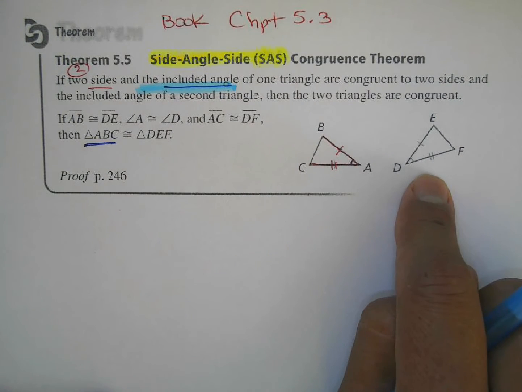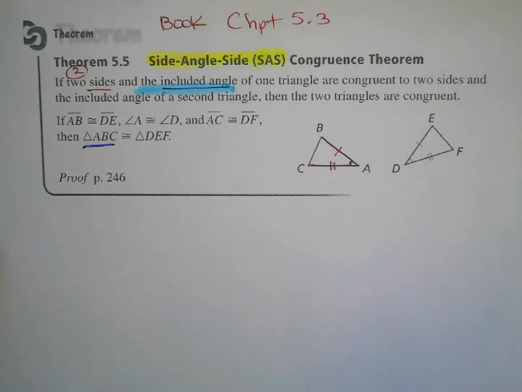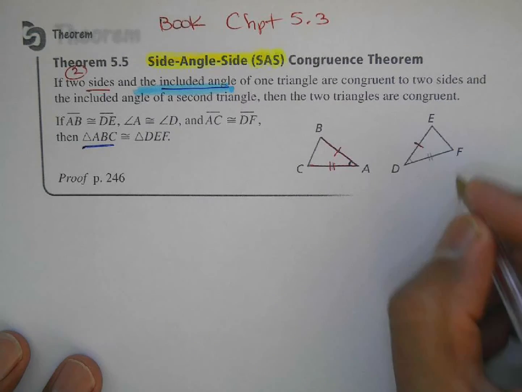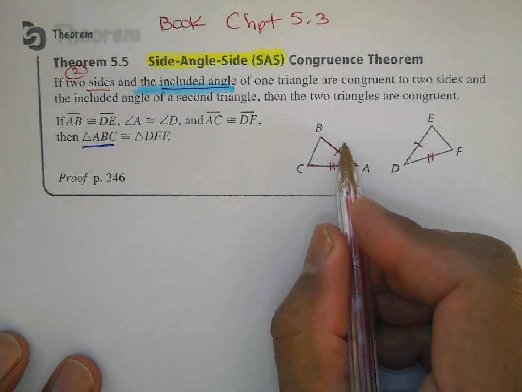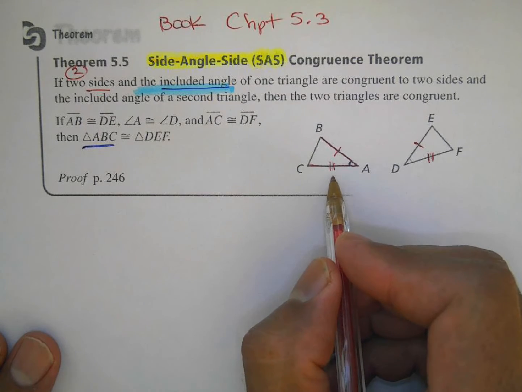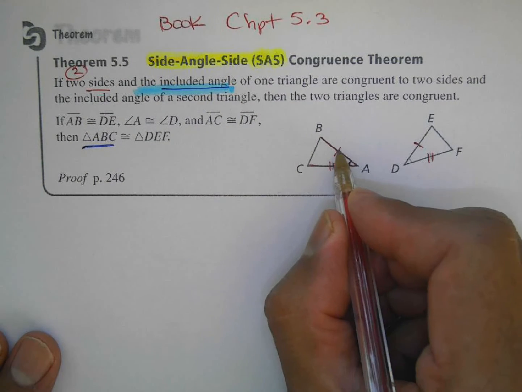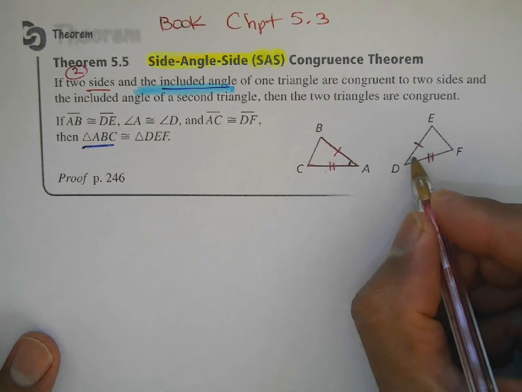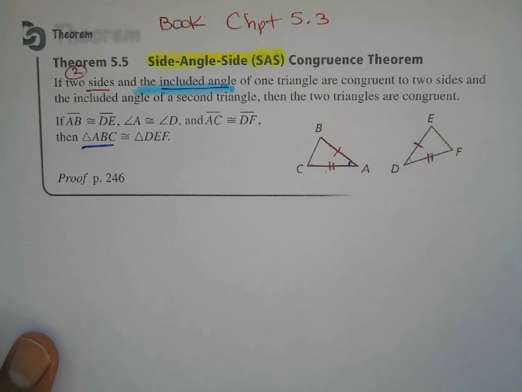Remember, they're not going to be facing the same way, but I do have this side matching this side, and this double mark matching this side. We don't need to know the numbers. If this is 5, this is 5. If this is 7, this one's 7. And the included angle, is it the included angle?